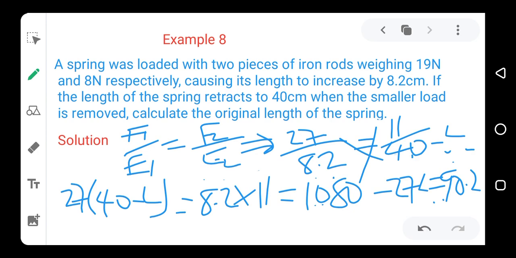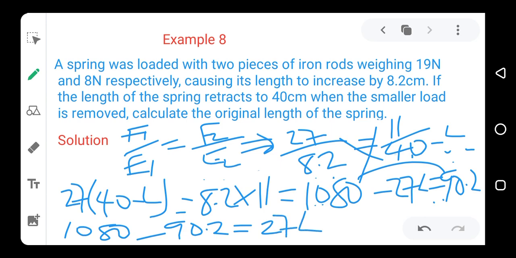So we now have 1080. We bring this one to this side, minus 90.2 is equal to 27L.